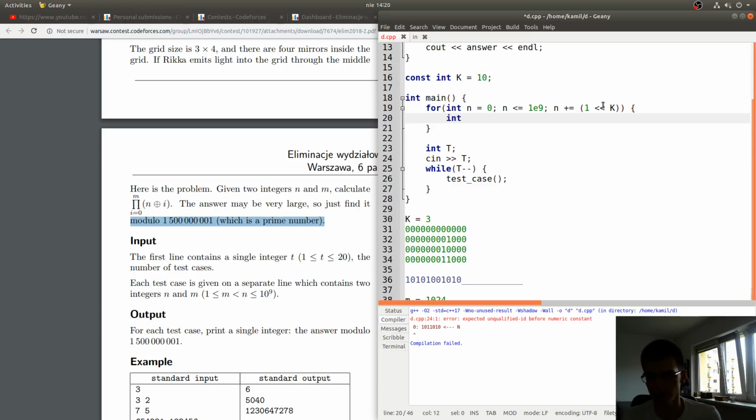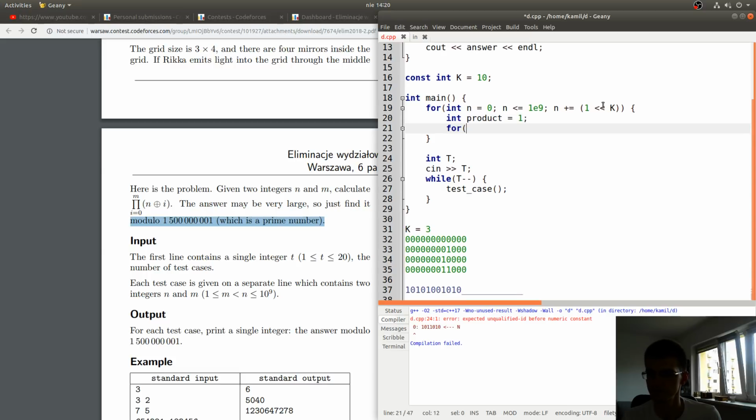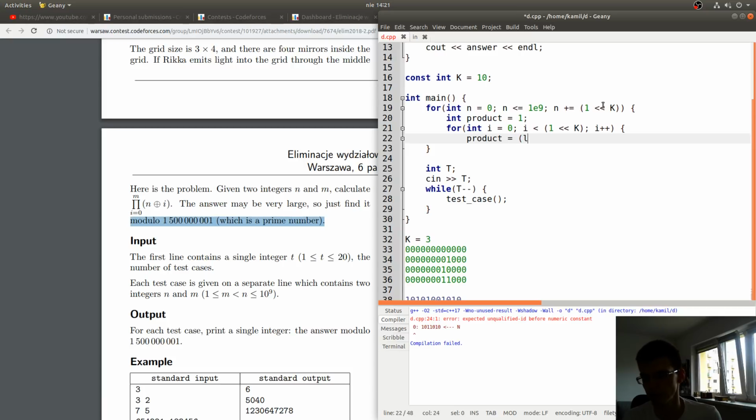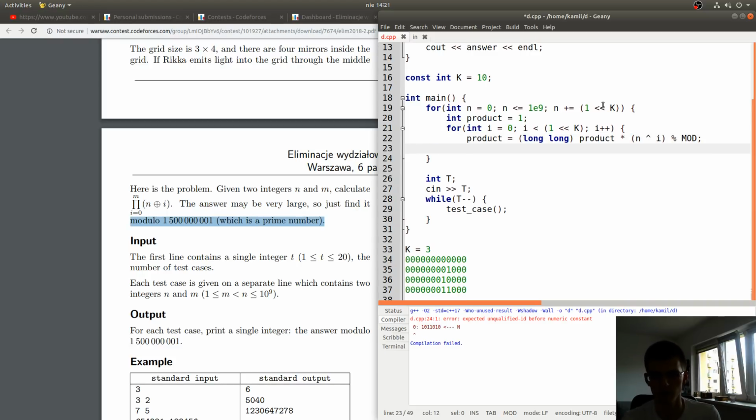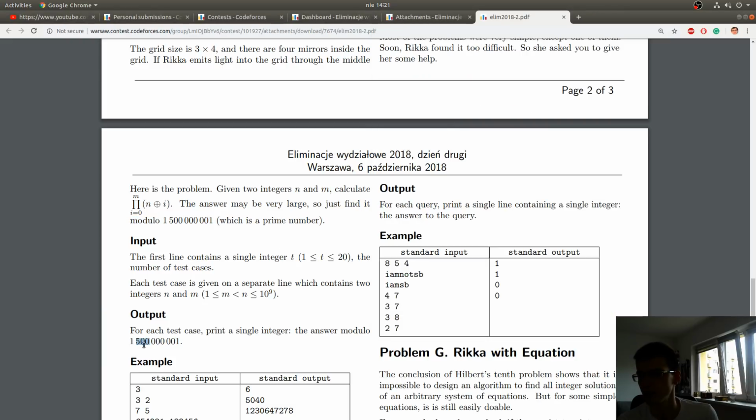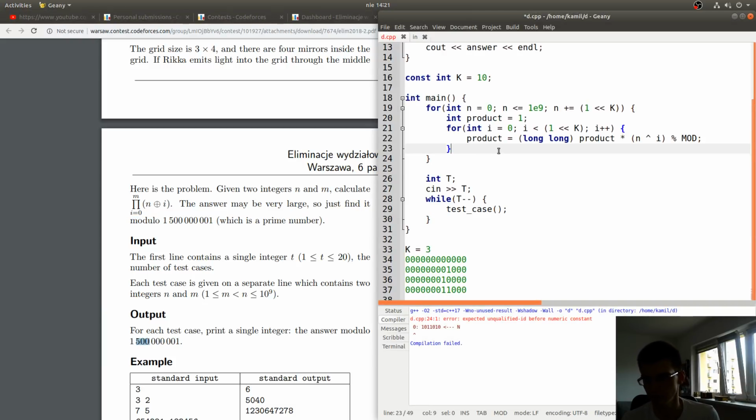Here we find the product. We multiply product by n XOR i modulo the fixed modulo that's given in the statement here. And let's say that for a moment we just print product.